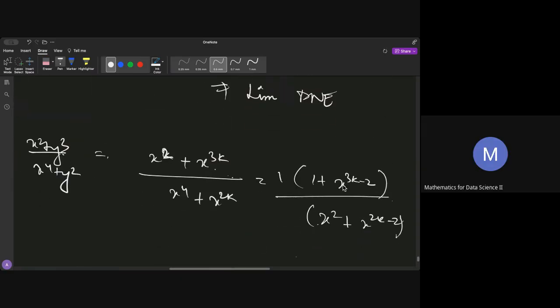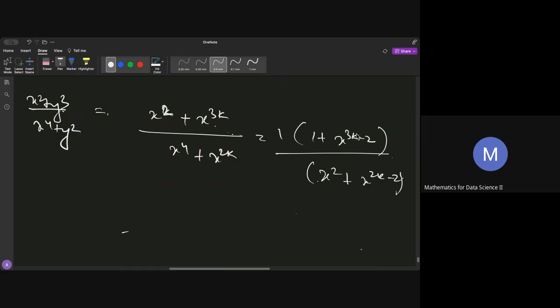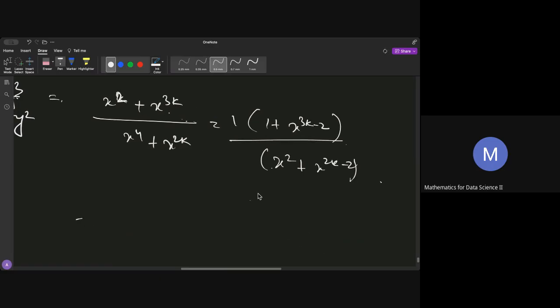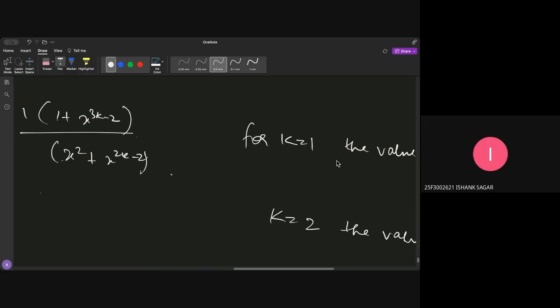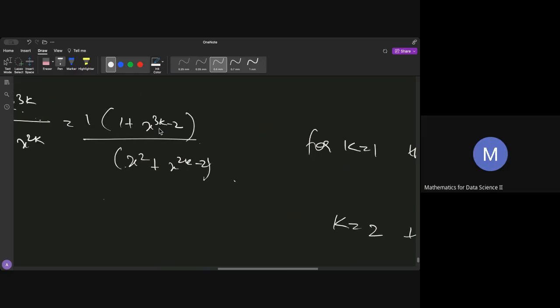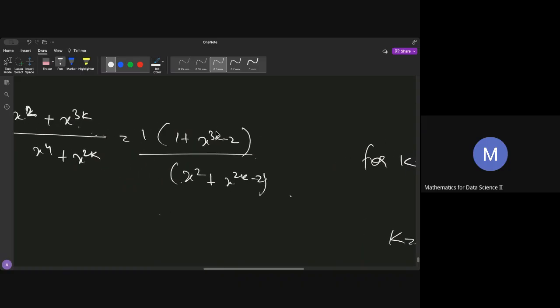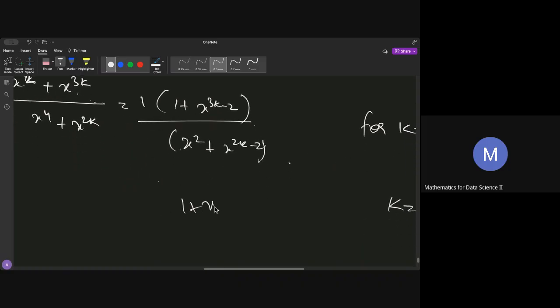Right. If I put k equals 1, I'll get 1 plus x, and just one second. For k equals 1, this becomes 1, right? So this will be 1 plus x, and in the denominator x square plus this will be 0, so this is x square plus 1.